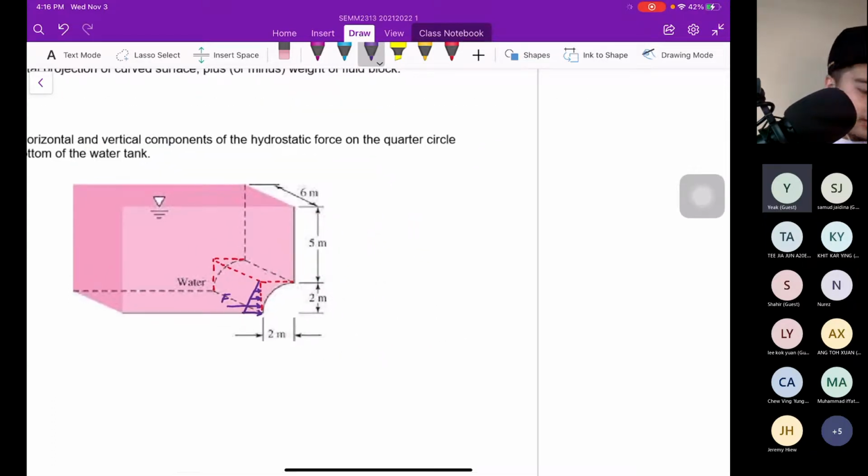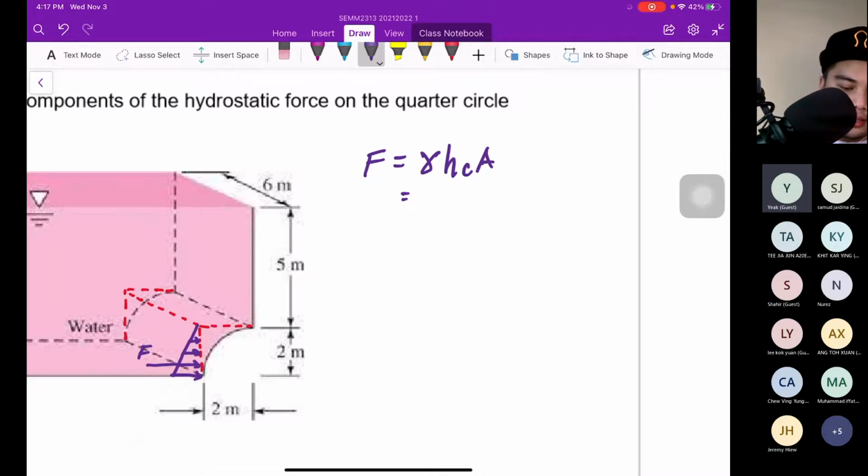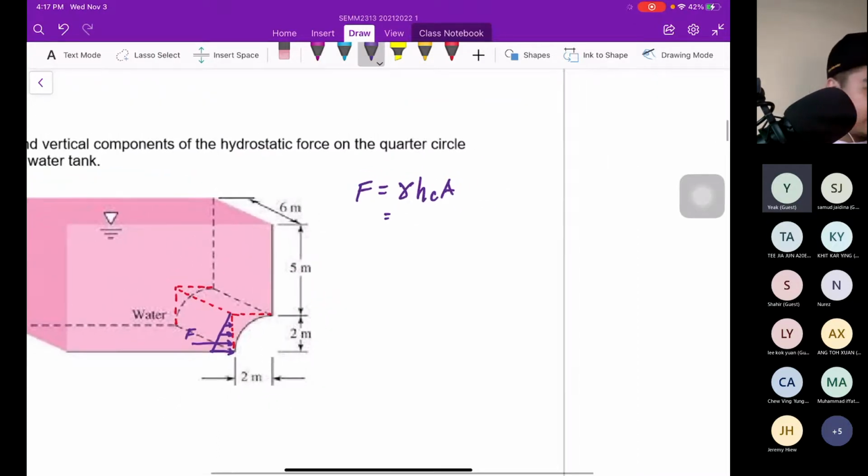We know for sure F is basically gamma hc A. Gamma is the gamma of water, given as 9798. However, hc is not given.